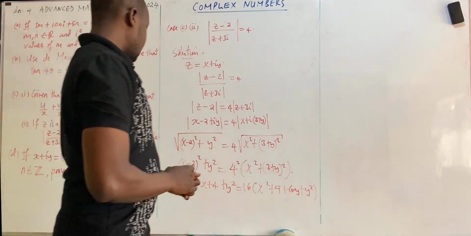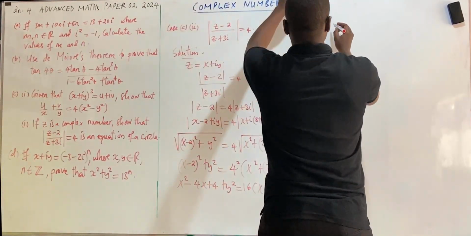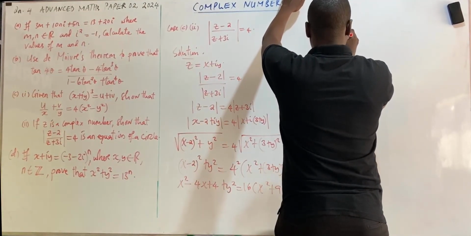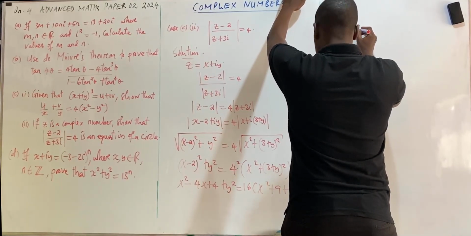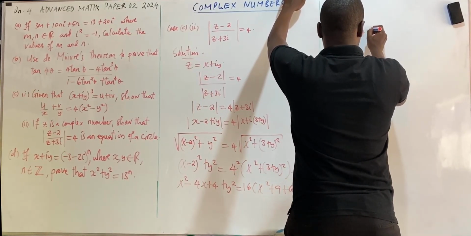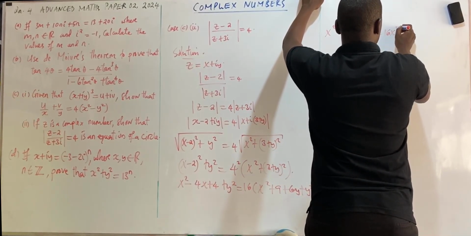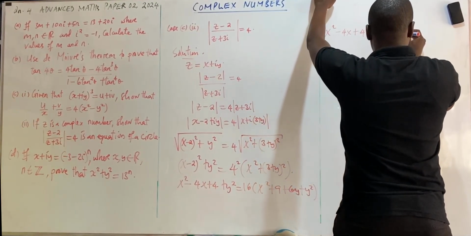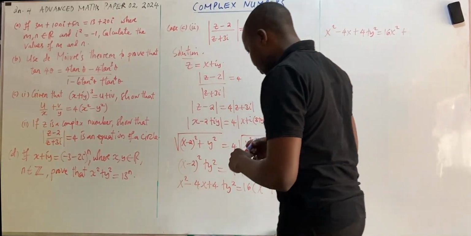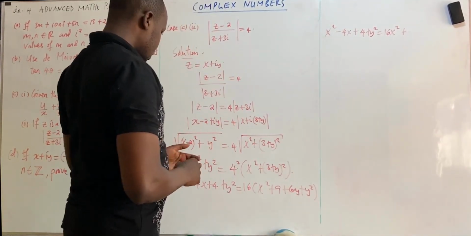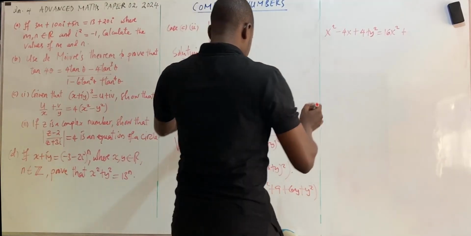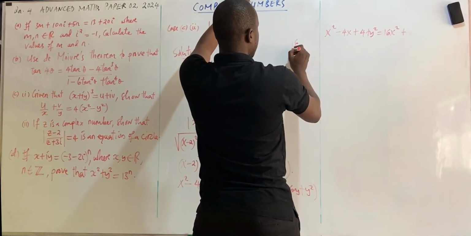And from there now, we'll have x square minus 4x plus 4 plus y square equals 16x square, plus 16 times 9. With the help of a scientific calculator, we can just multiply 16 times 9.